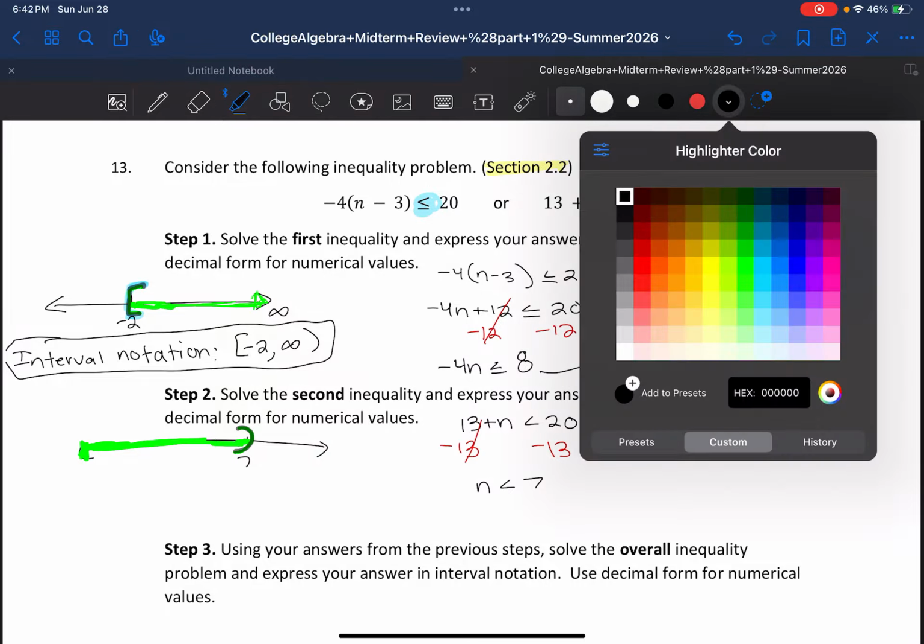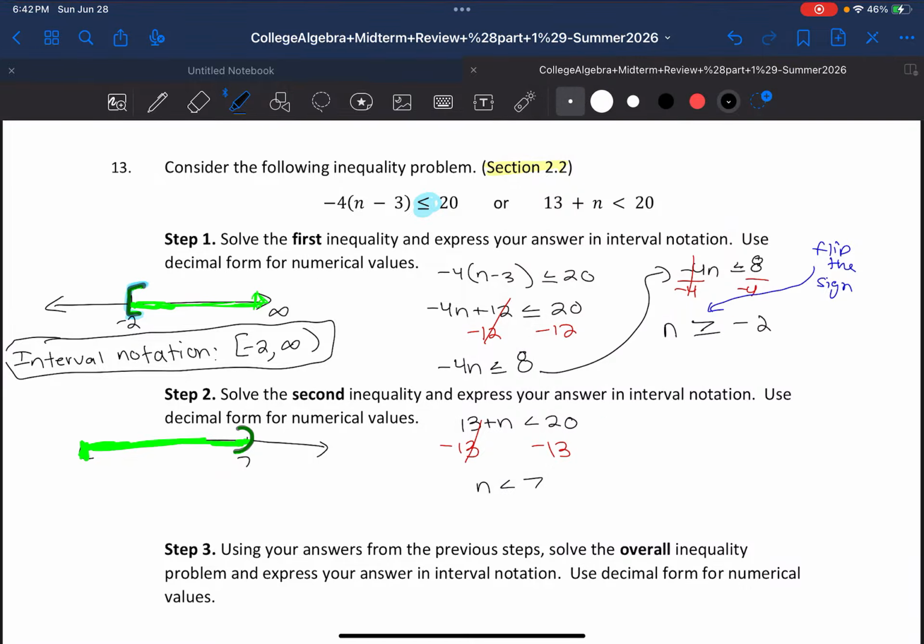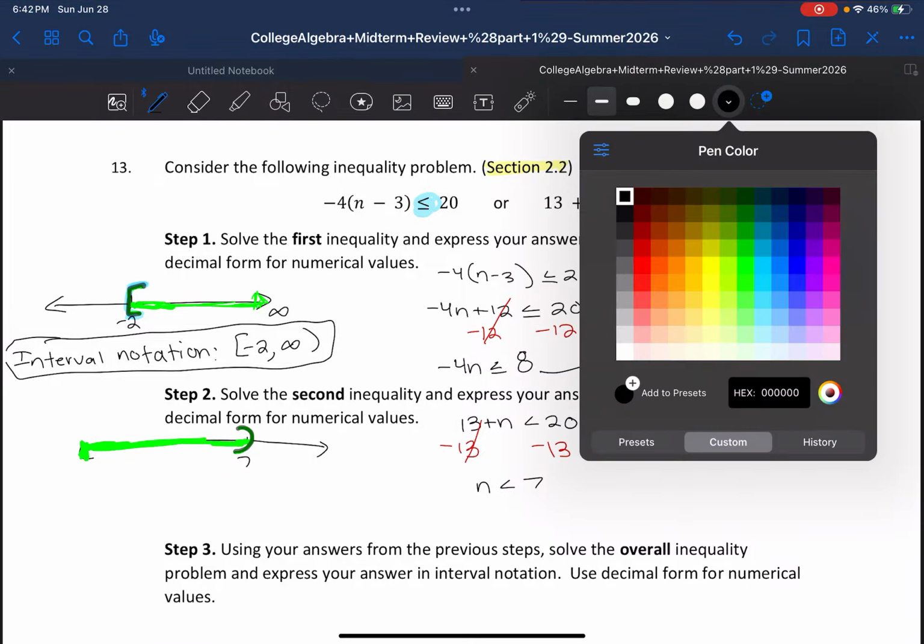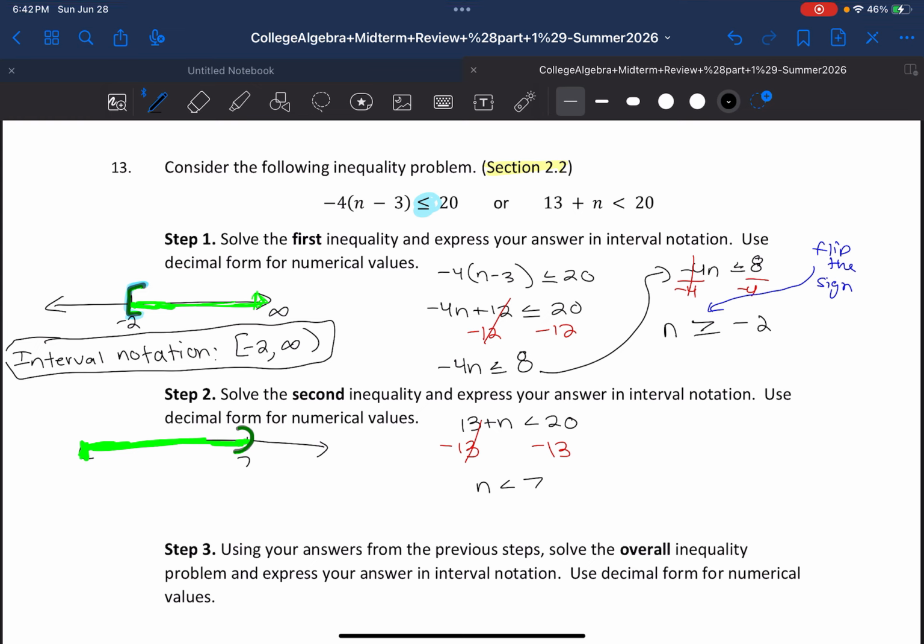Okay, and then for the interval notation for this one, if I look at that shading from left to right, it's going all the way to negative infinity. So this would start with a negative infinity with a parentheses and comma, and then it stops at 7 with a parentheses because it's not included.